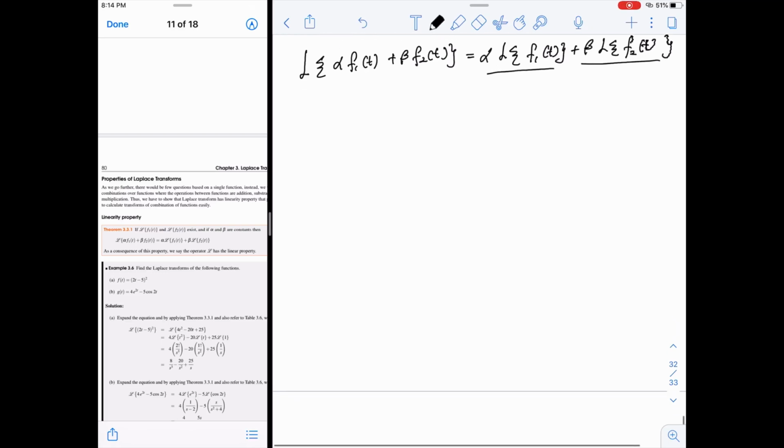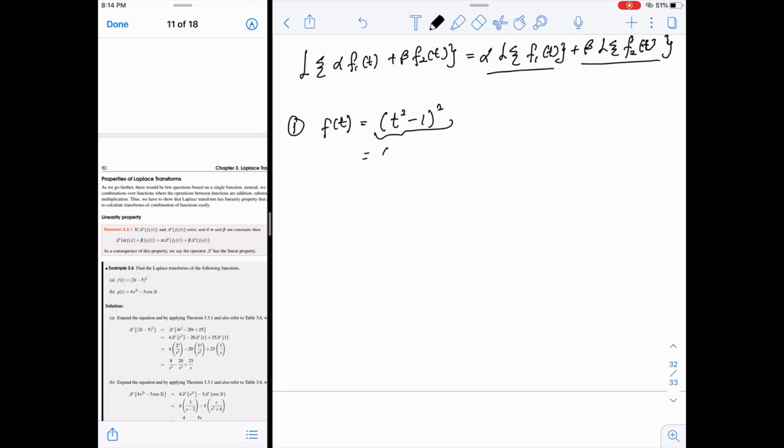Okay, let's say I put one question over here. Let's say you have the function f(t), and that f(t) we have (t squared minus 1), squared over here. So the easiest way to solve this one is to expand it.